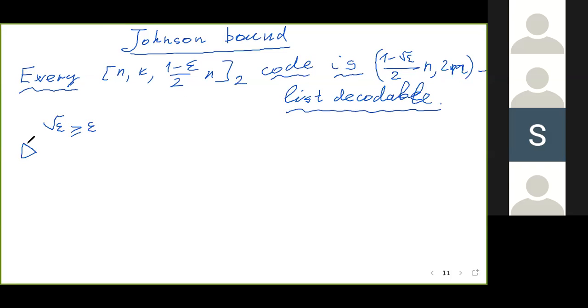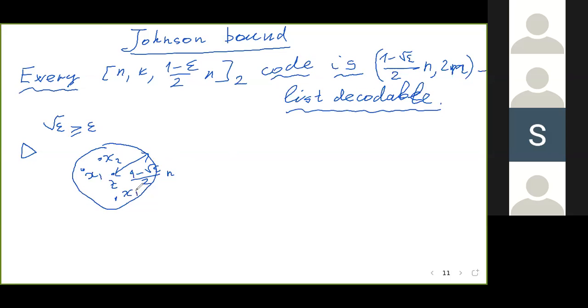Now I will prove it. We know that list decodability actually means that every Hamming ball with some center z of radius, which is in our case (1 minus square root of epsilon) over 2 n, has at most 2n code words.